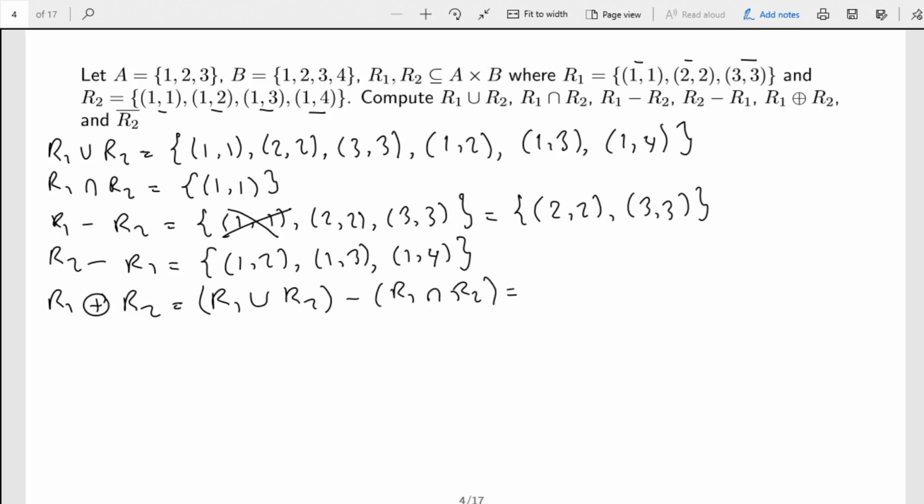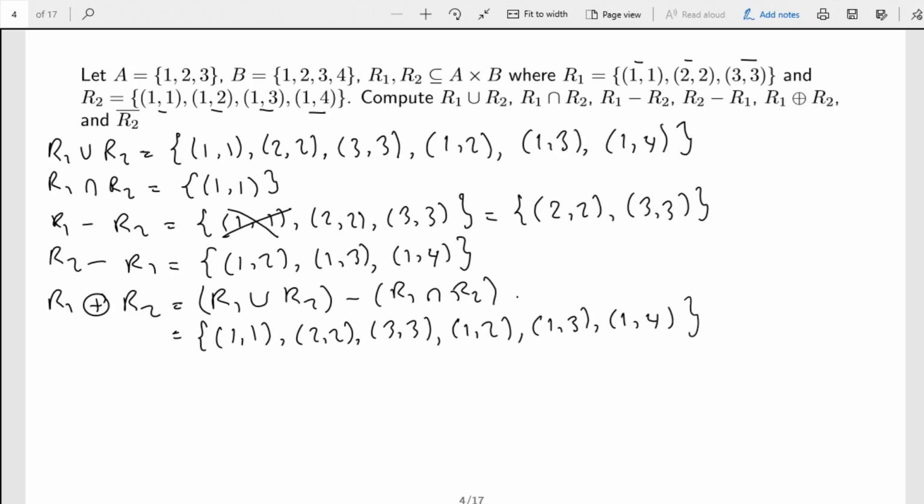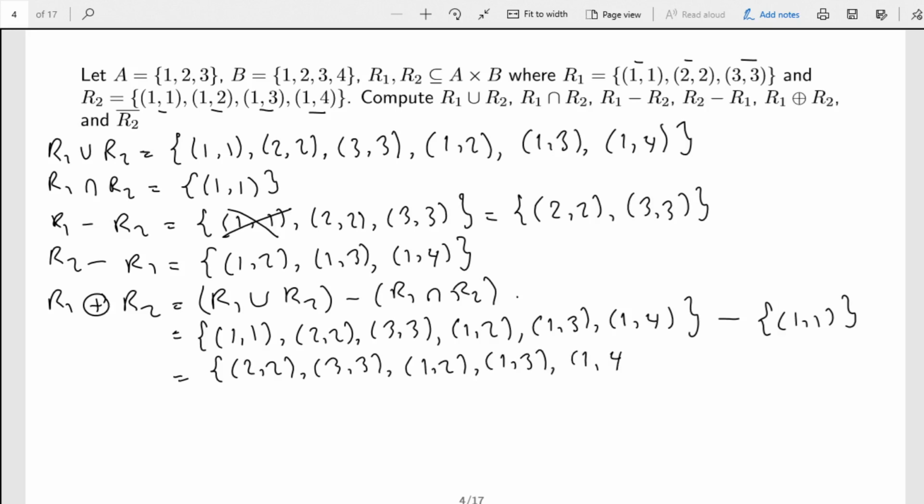That means you have the union, let me list the pairs here, minus this, which gives you, of course, (2,2), (3,3), (1,2), (1,3), and (1,4).